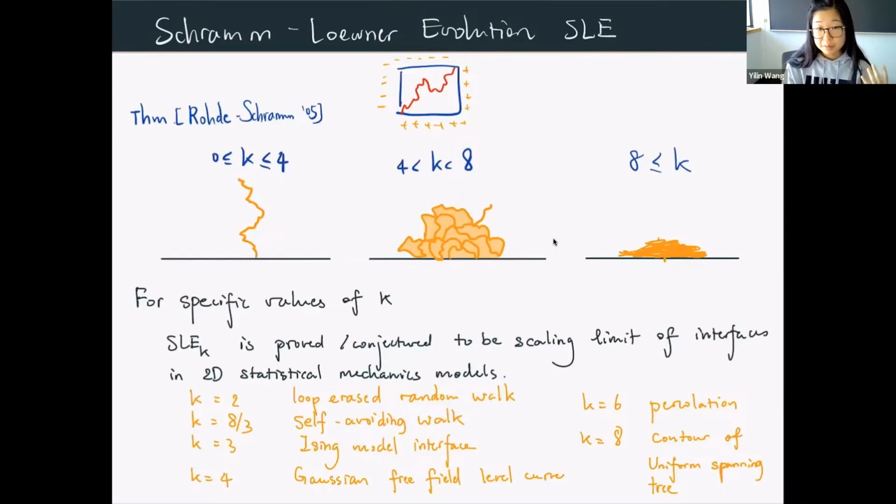Actually, it was introduced to describe scaling limits of interfaces, and now it's also proved to be the scaling limit of interfaces in many statistical mechanics models. For different values of kappa, different kappa correspond to different models. Like this one, for kappa equals 8/3, it should be the scaling limit of self-avoiding walk, and this is conjectural, and all the rest have been proved.